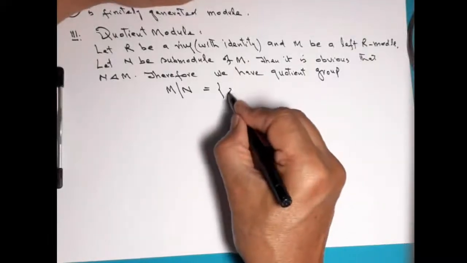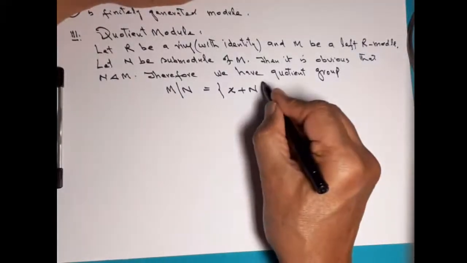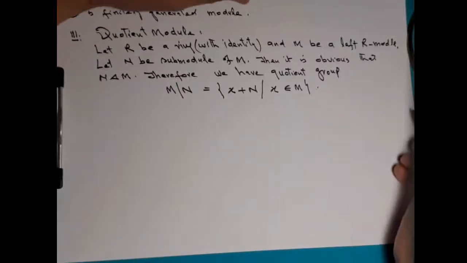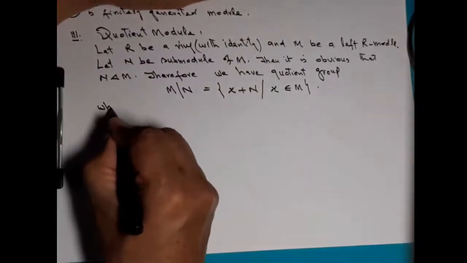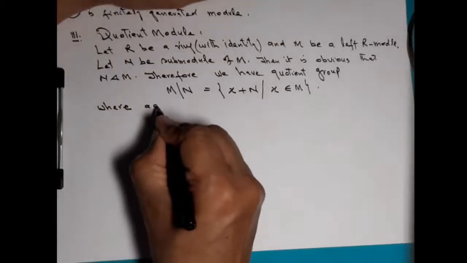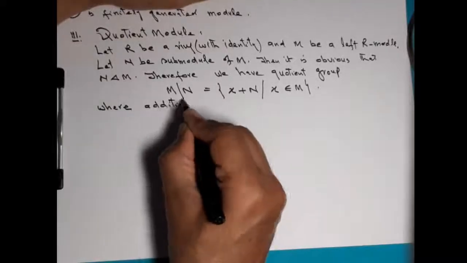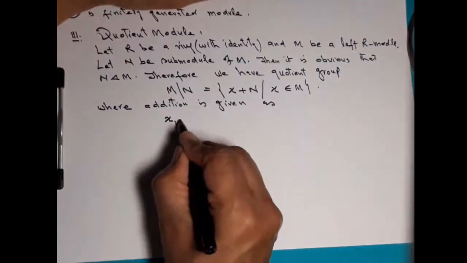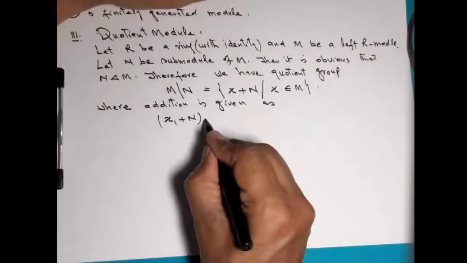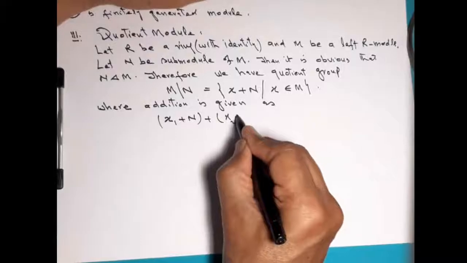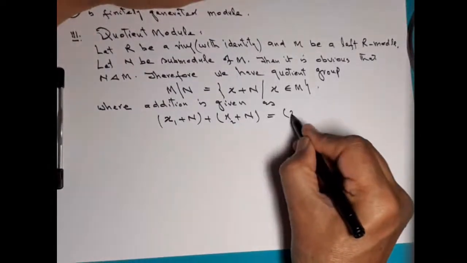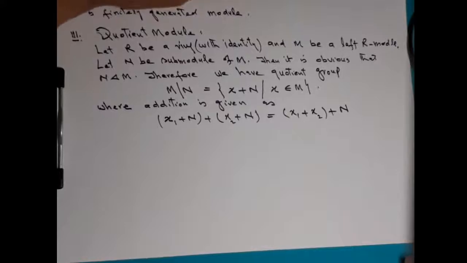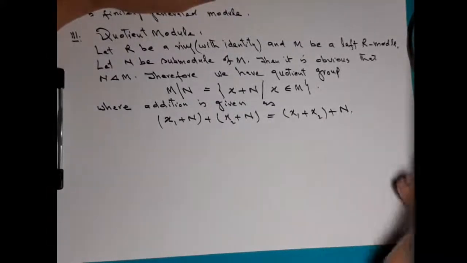M factor N is equal to x plus N such that x belongs to M. And we know that addition in this case is given as x1 plus N plus x2 plus N is equal to x1 plus x2 plus N. And you know that from group theory. So this is addition of left cosets.